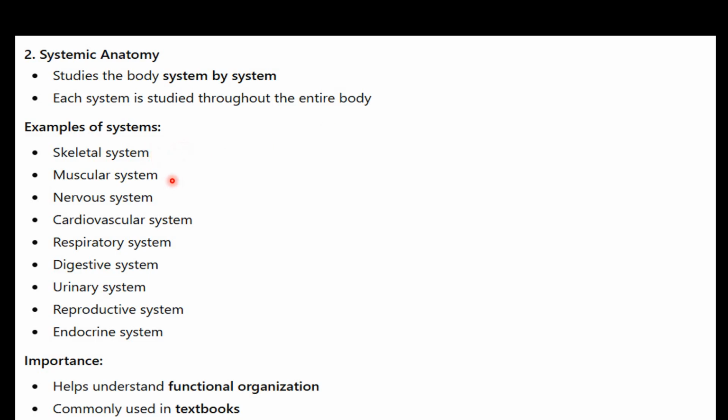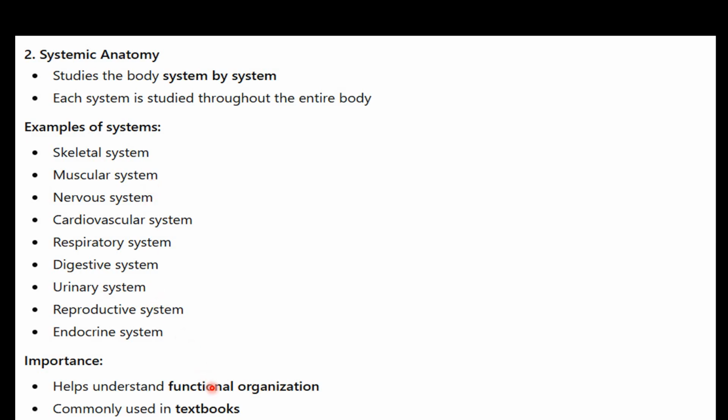Skeletal system, muscular system, nervous system, cardiovascular system, respiratory system, digestive system, urinary system, reproductive system, and endocrine system. These are all the systems that come under systemic anatomy, and we will discuss each and every system in detail as well. But firstly we will cover the basics, and then we will go deeper into these areas.